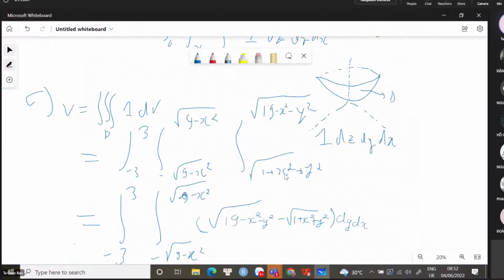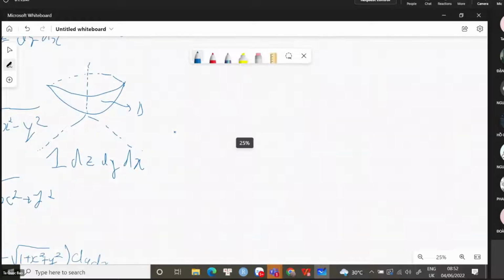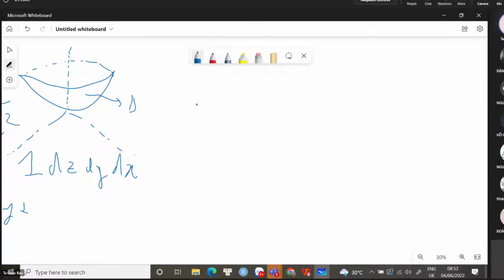Maybe some mistake. Okay, now look at here. You have the first one, x power 2 plus y power 2 plus z power 2 equal to 19, and z power 2 minus x power 2 minus y power 2.